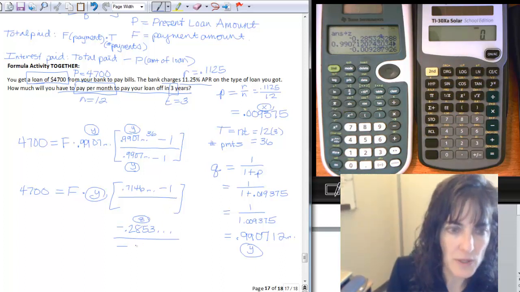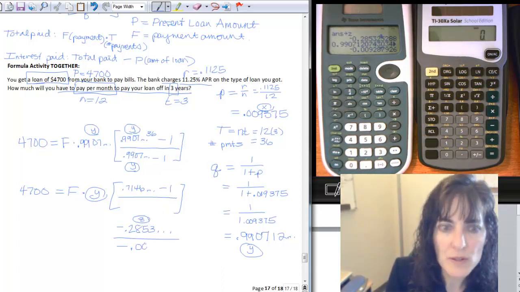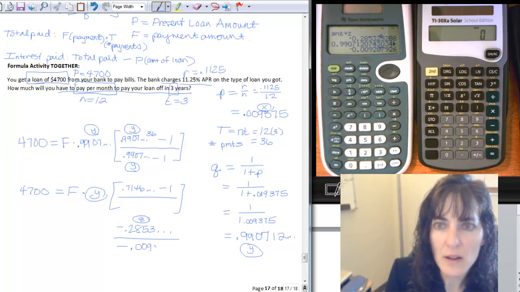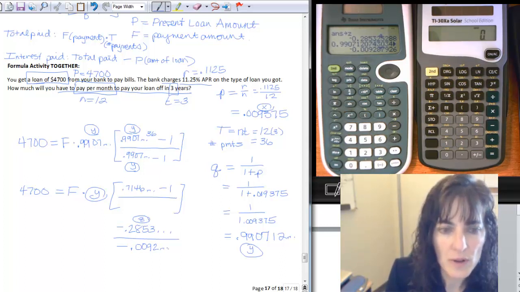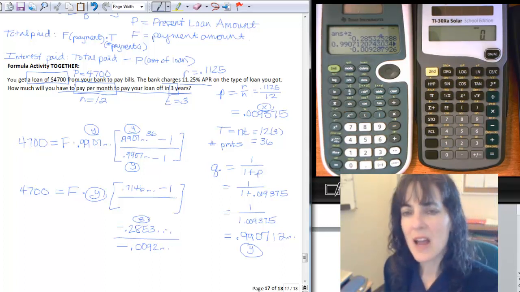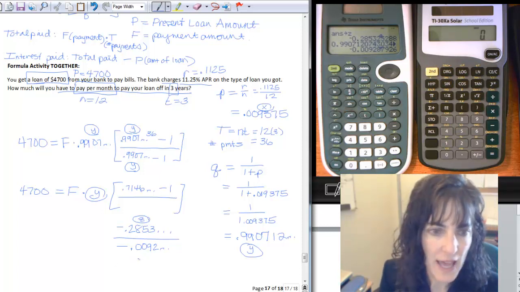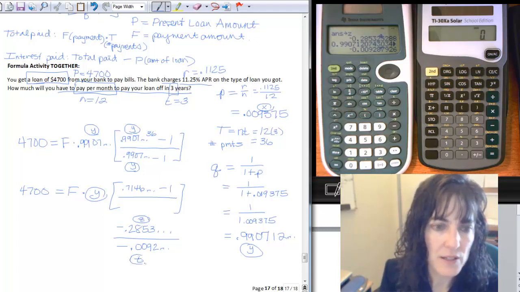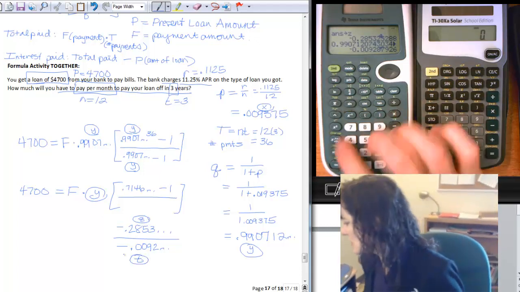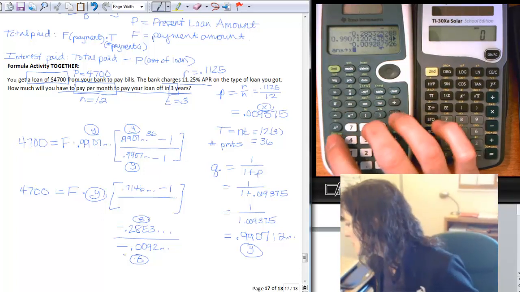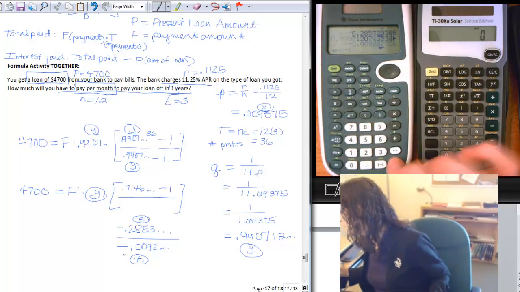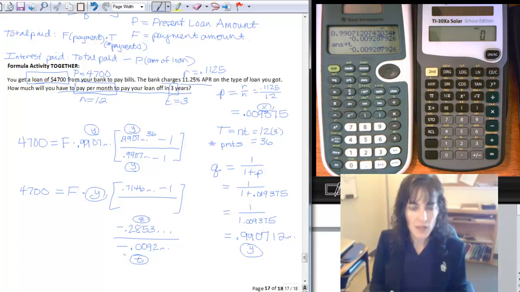And that's this one, negative 0.009, etc. I think I should store that one. It looks like my next variable is A, or T. I'll put it in T so that I can store in T. So I'll just say store A, X, Y, Z, T, the next variable. And so that one's stored.